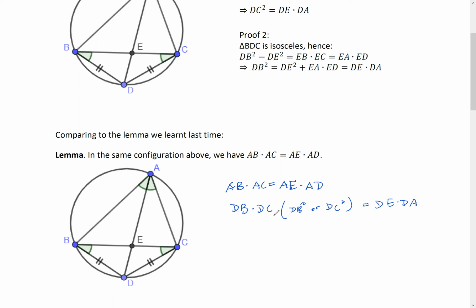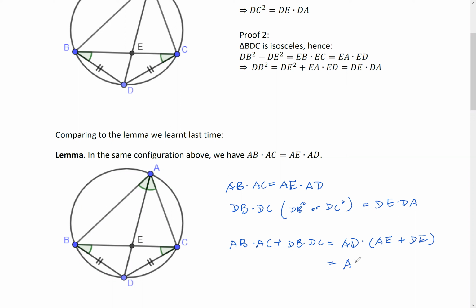Now, if you add them up, AB times AC plus DB times DC equals AD times (AE plus DE).